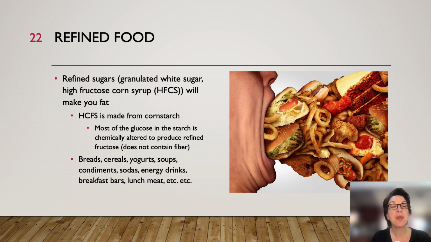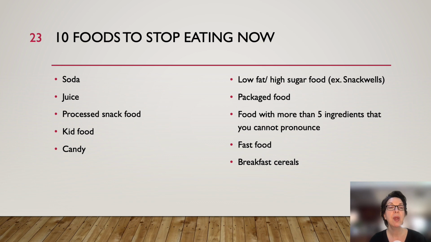So high fructose corn syrup can occur in bread, cereals, yogurt, soups, condiments, sodas, energy drinks, breakfast bars, lunch meat, basically anything that's processed, anything that comes in a package, anything that you have to open physically or has names of ingredients that you cannot pronounce and that you cannot reproduce in your own kitchen are refined foods and heavily processed.